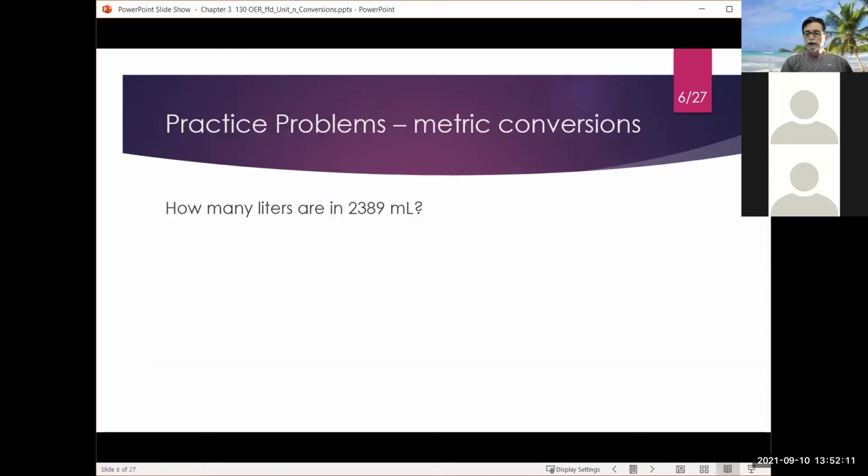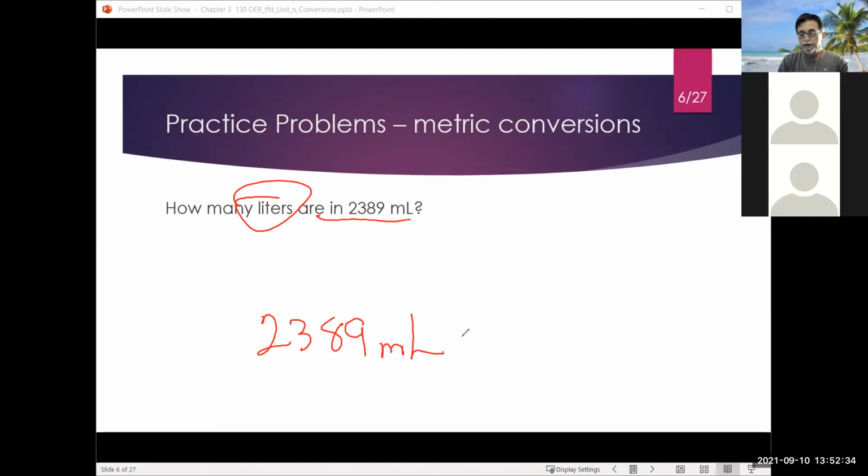For example, here they're asking the question: how many liters are in 2,389 milliliters? So identify what we're looking for and identify what we're given. And so I have 2,389 milliliters. Okay.